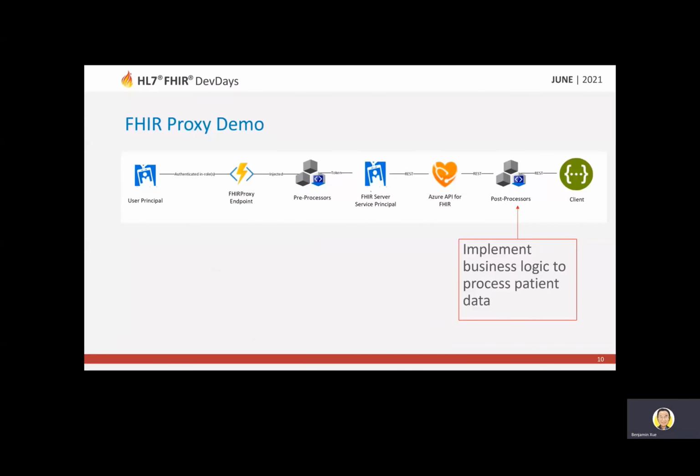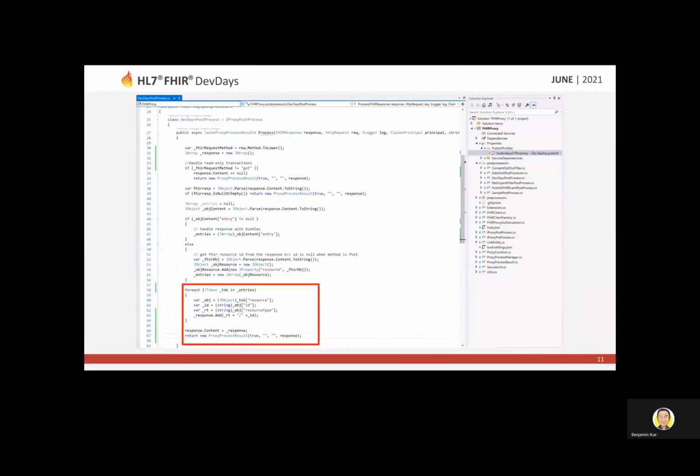You can certainly take the same concept and create something for your own FHIR server. In the demo, I will show you how to extend a post-process module called DevDays process. I try to keep the scenario simple so that it is easier to see how you can extend the proxy with your own business logic. Here is the FHIR proxy module in C# code.